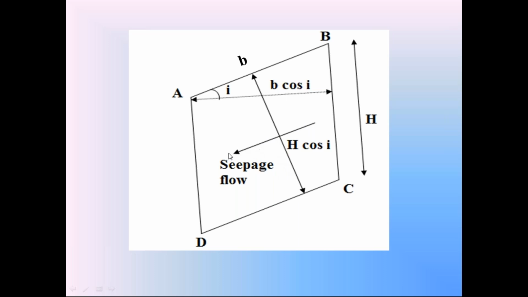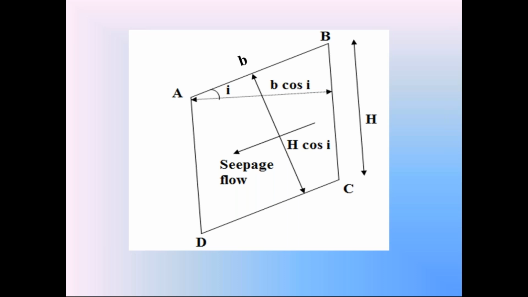Because of this seepage flow, meaning water flow, the entire soil in the soil prism is subjected to another stress, not the force please, known as the pore water pressure. So please follow this carefully.